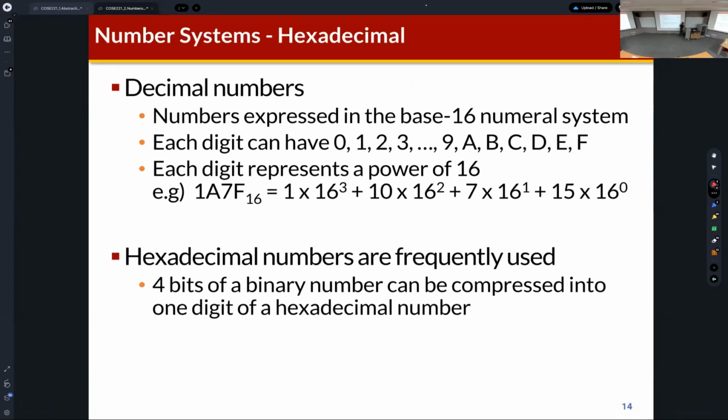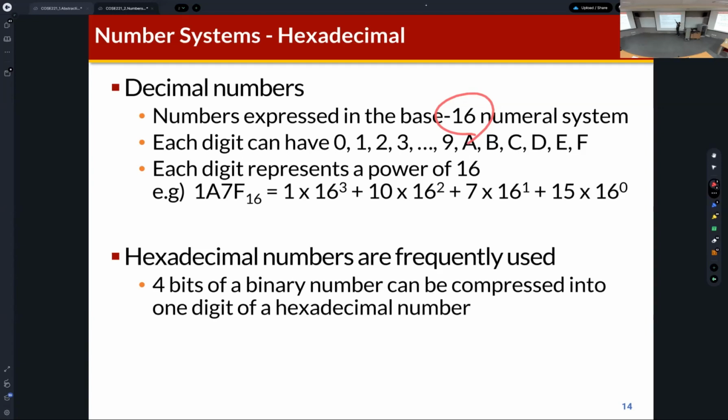And then we frequently use the hexadecimal number in the digital system. What is a hexadecimal number? It's 16진수, right? Numbers expressed in base 16. Each digit can have 0 to 15, but we do not have a one-digit decimal number that can represent 15, so we use letters.